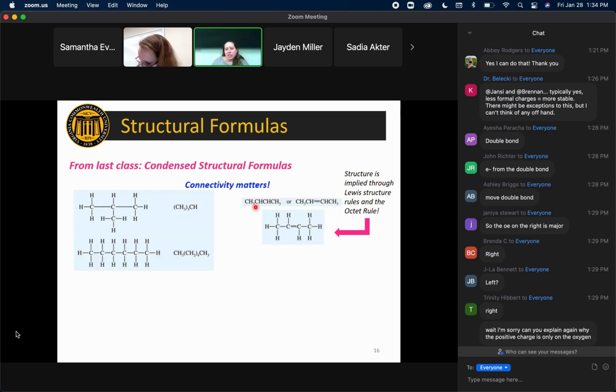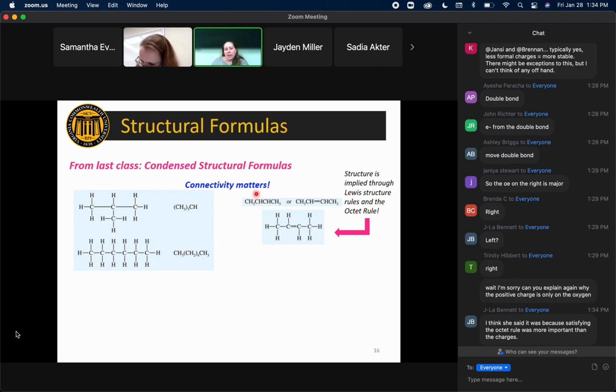It's the same CH3, CH, CH, CH3. If you are a chemist anywhere in the world, you would look at this one on the left, and even though it doesn't show a double bond, you would know that that double bond exists between those two center carbons, because otherwise they wouldn't be bonded to enough things, right?